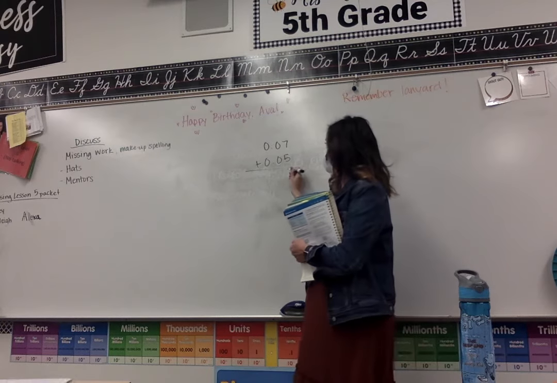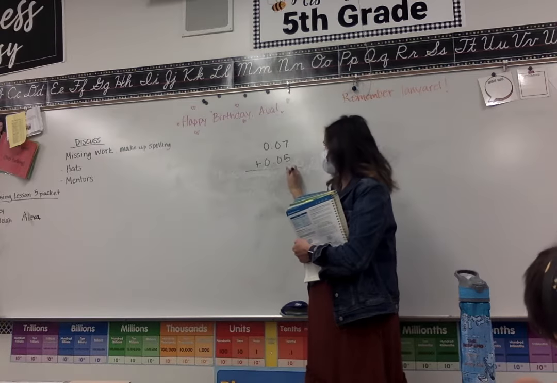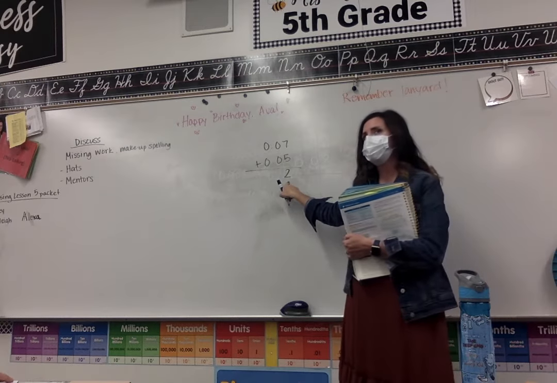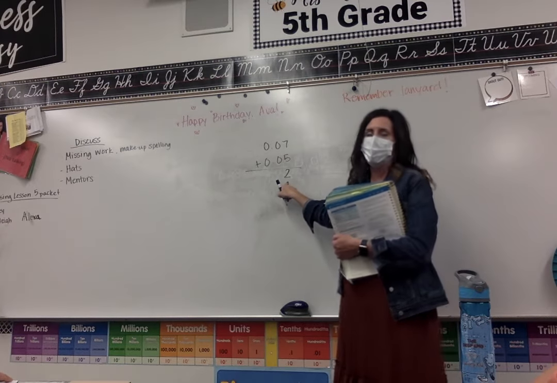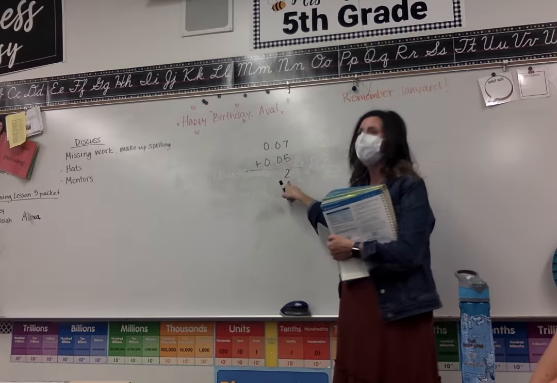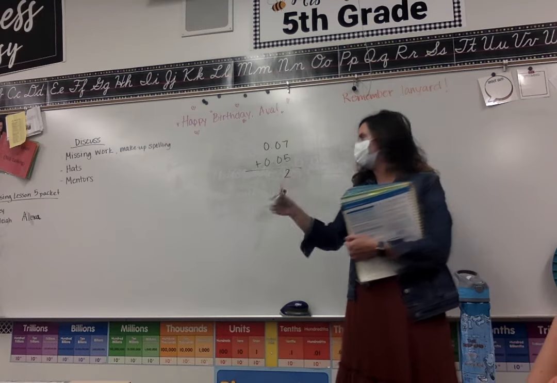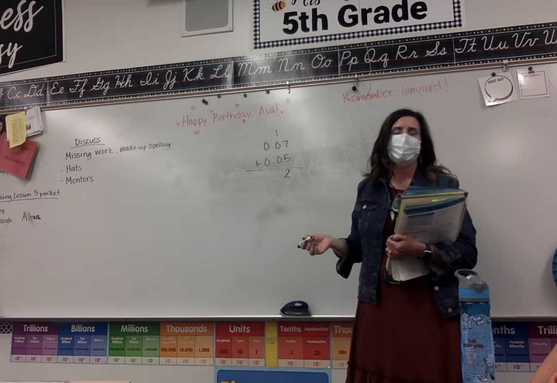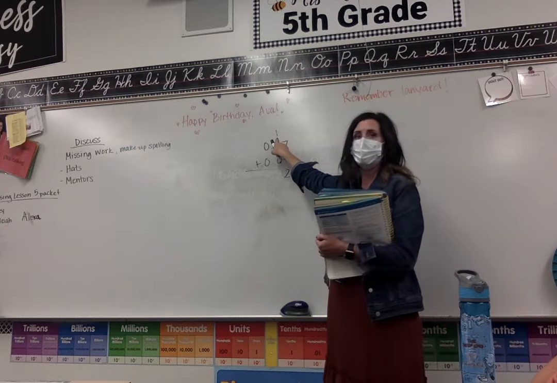Make sure that that last number in your answer goes underneath. When we're adding this, the 2 would be in the ones place, so it goes right here. And then the 10, that's the tens place, so it goes up here, right? We carry the 1 and put it up to the next place.